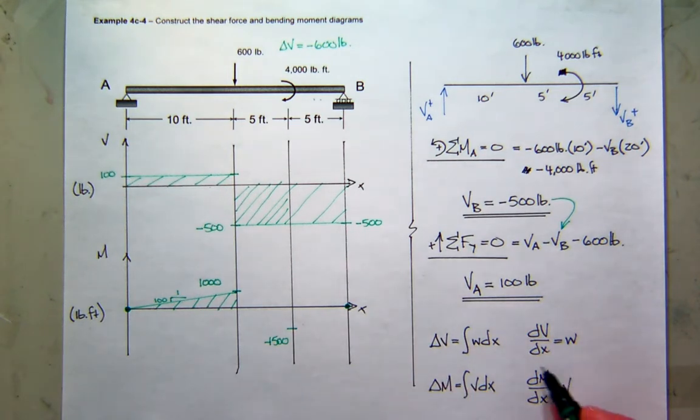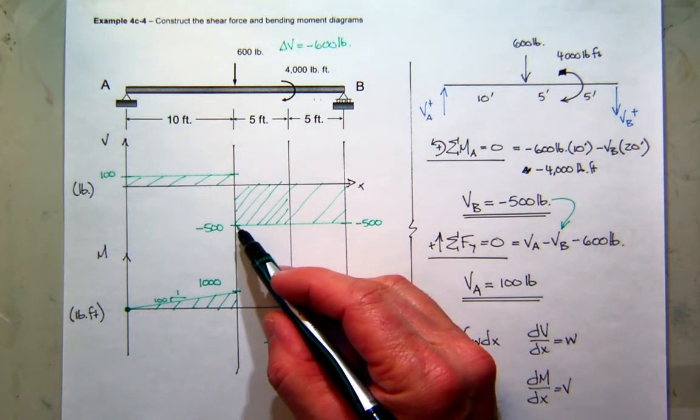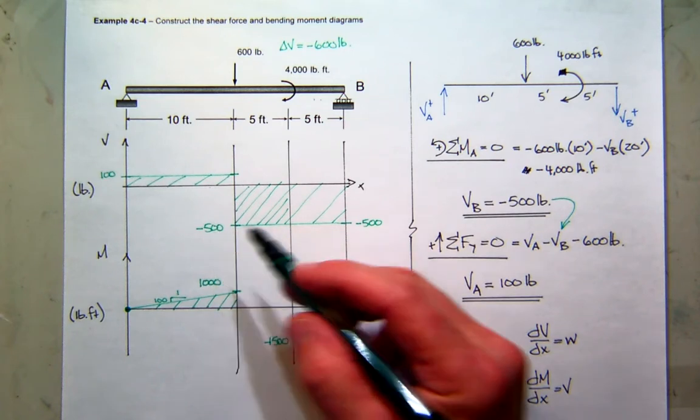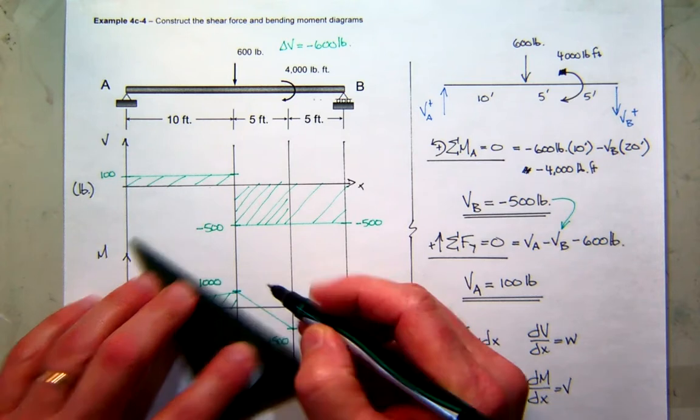And what is the slope of the moment diagram? Well, it's given by the shear value. And the shear value from here to here is constant and negative. So there's a constant negative slope.